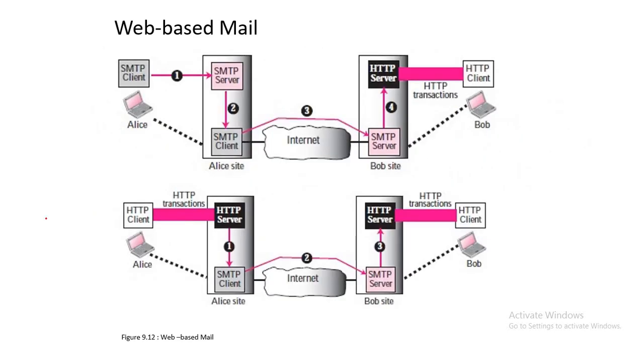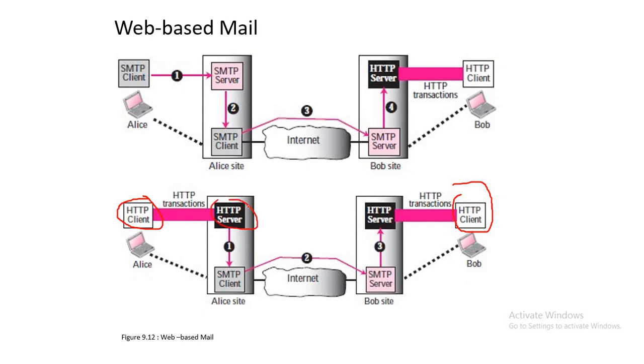So that is the actual scenario of web-based mail. Whatever you are using today, you are accessing email with the web. So there is use of the web, like HTTP, Hypertext Transfer Protocol. Here again there is Hypertext Transfer Protocol. The sender always uses the web for sending the mail and the receiver uses the web for receiving the mail.